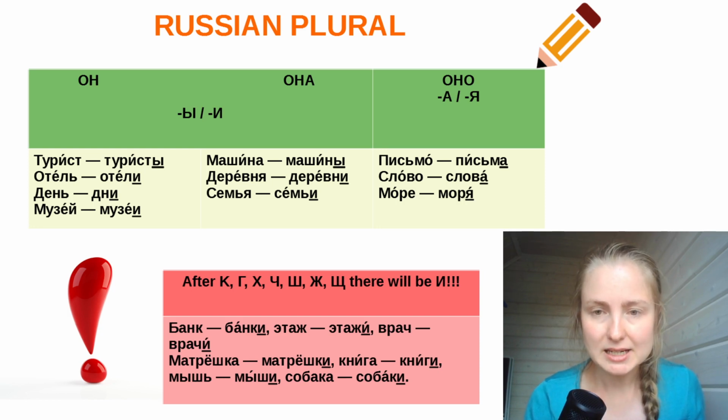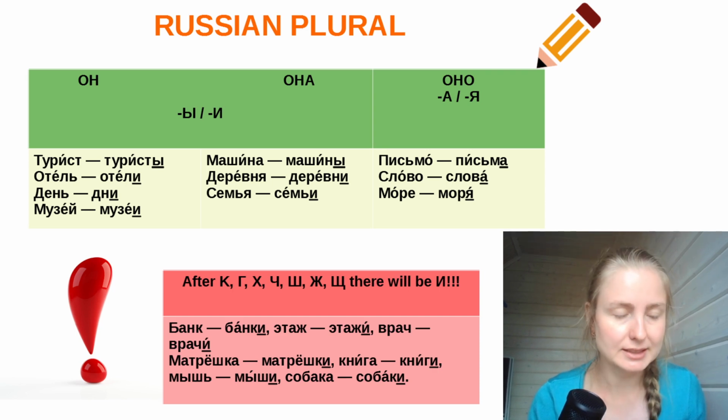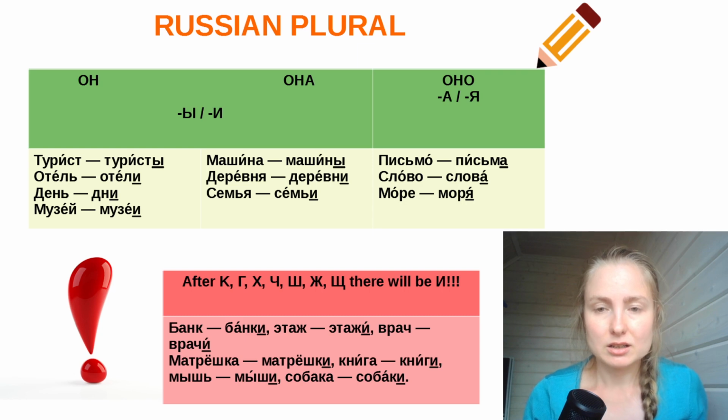So soft sign changes into ending и. And if masculine words end in й, like Russian word музей, музей means museum, й consonant changes into и, музеи.